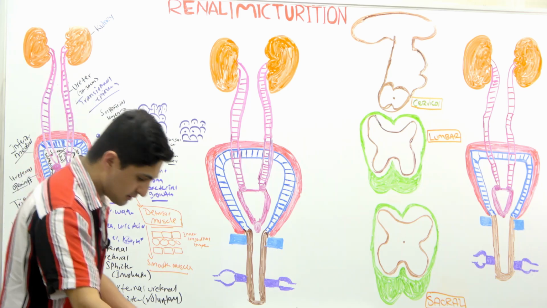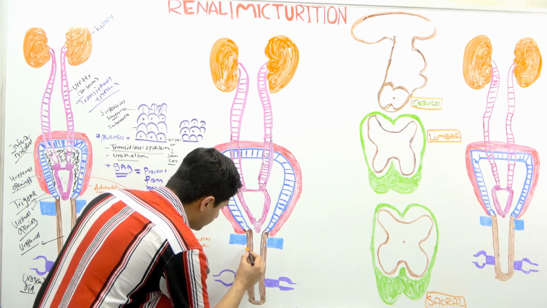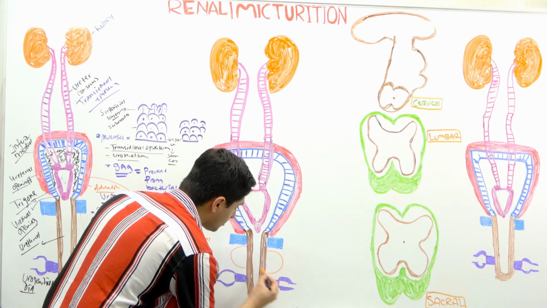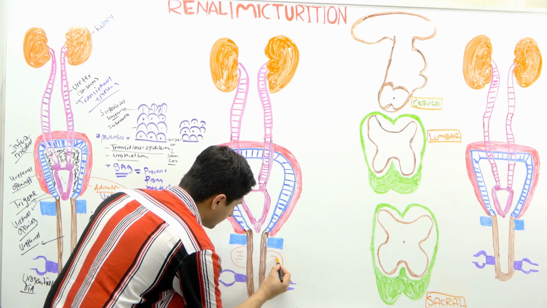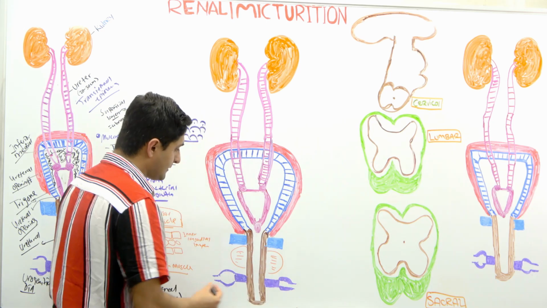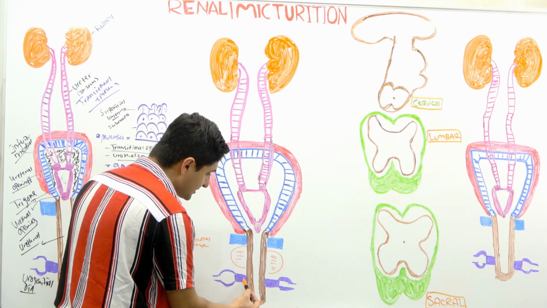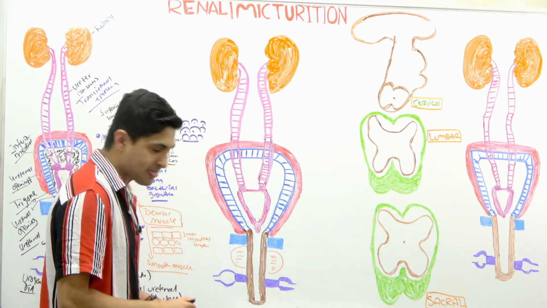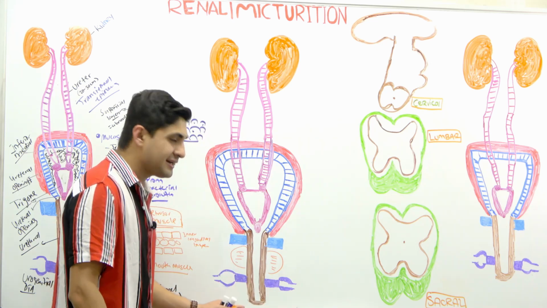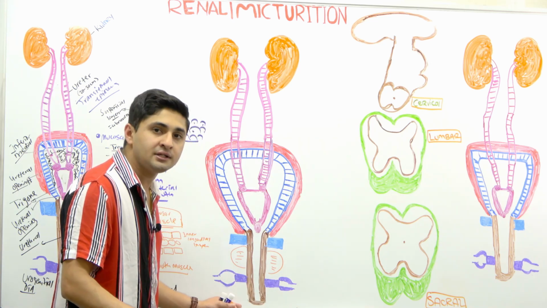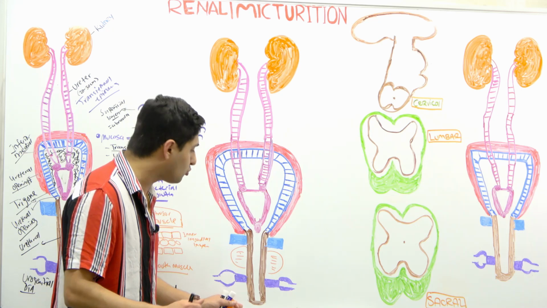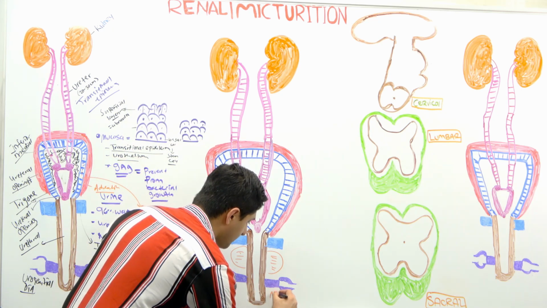Right down here, there is a prostate gland, when it comes to the male. And this is the internal sphincter, and below the prostate gland you see the external sphincter. This urethra is about 20 centimeters long in a male.